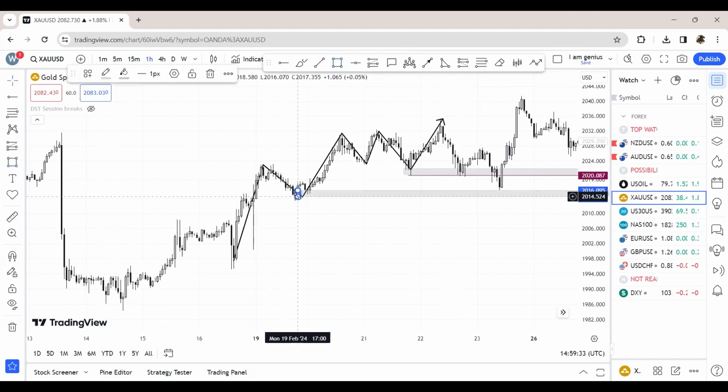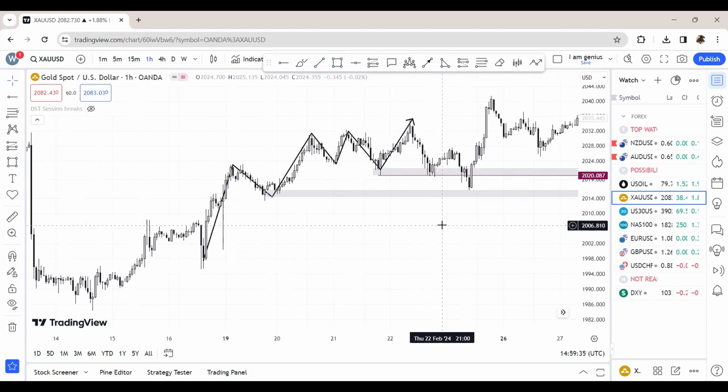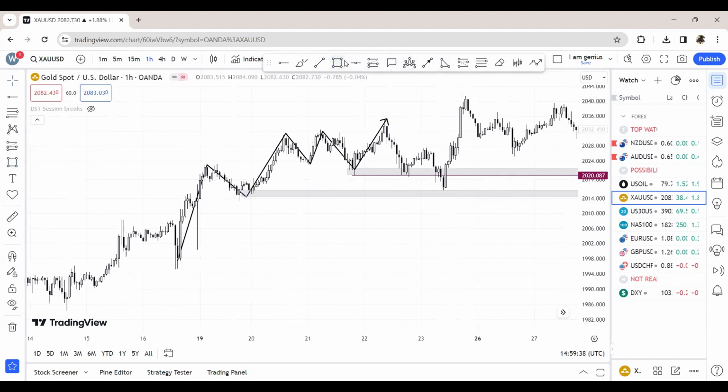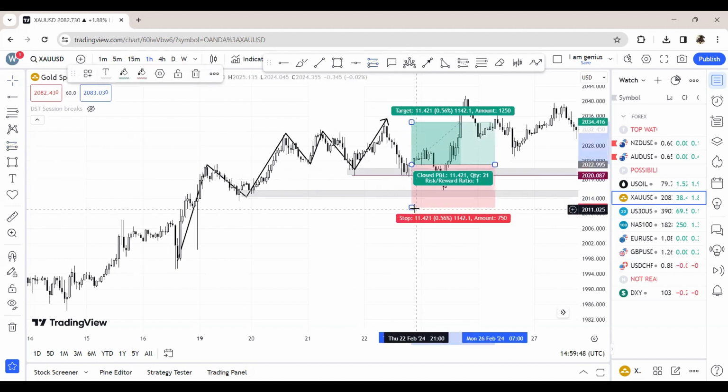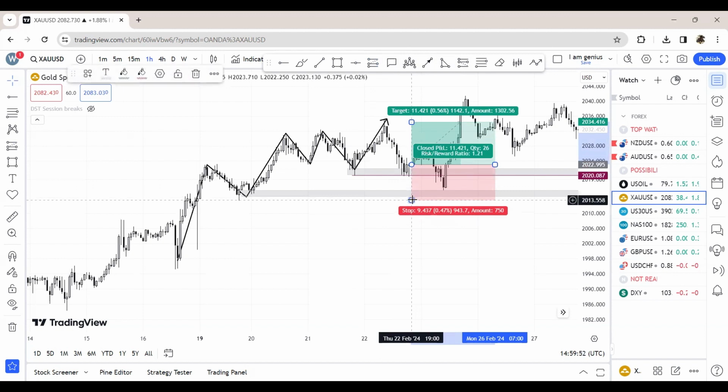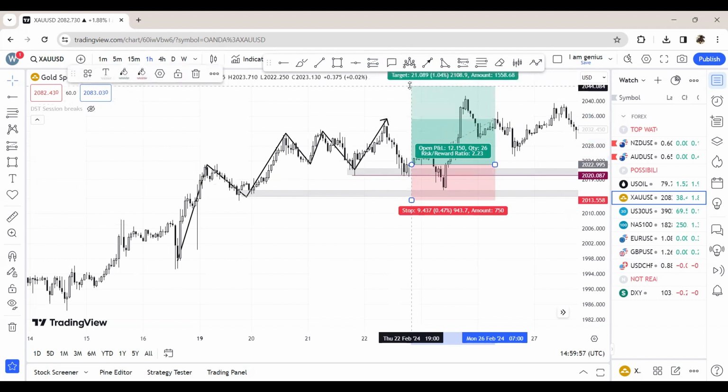Then you enter the market immediately it touches that level. This level, it touched it once, we're waiting for it to come back. Once it touches it, you enter the market from there. You put your stop loss just below this, and then you can put your take profit at any level that you want to the upside.